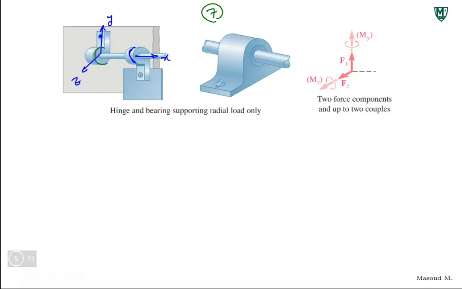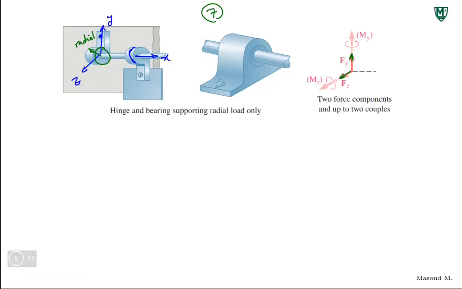If this is the circle, right, this direction would be the radial load. This is radial. And that's why you see one Fy and one Fx, right? There's one force, which could be in any direction with an unknown angle. So we replace this with two perpendicular forces. And we can have moments.